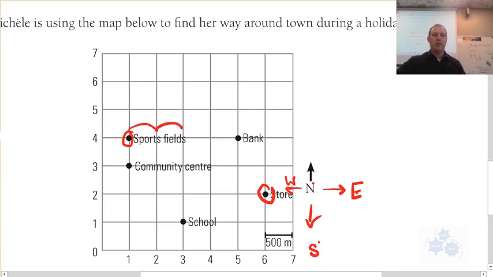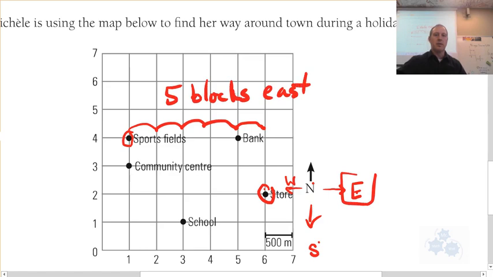Okay, 1, 2, 3, 4. If you want to go to the store, you actually have to go 5 blocks. And when you say right, if I'm asking you directions, what direction is that? East. So 5 blocks east. Does that make sense? See that? Going to the right, 5 blocks east.